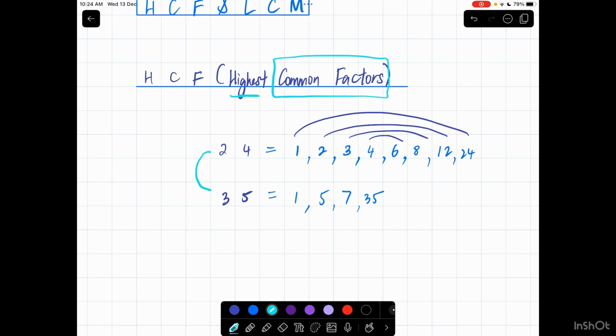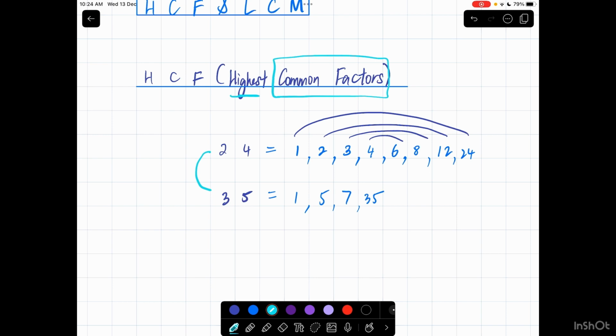I did not go into too much detail on the concept of common factors because it's quite obvious. Common factors are the factors that appear in the lists of factors of the given numbers. Common factors can be between 2 numbers, 3 numbers, 4 numbers, 5 numbers, according to the question.